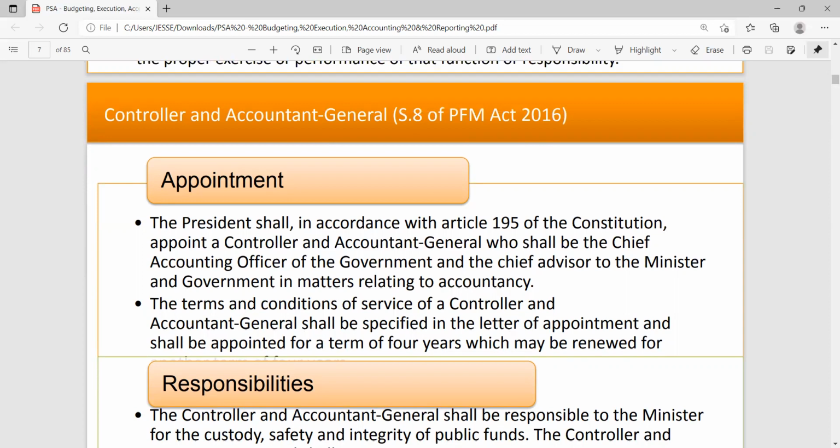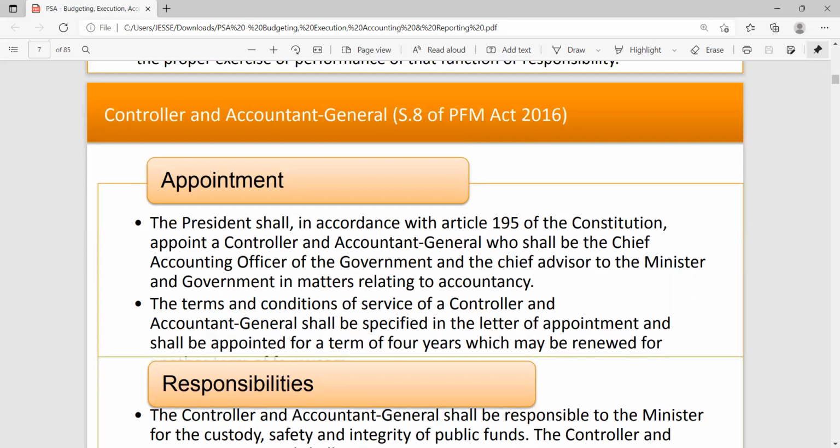The president shall, in accordance with Article 195 of the Constitution, appoint a controller and accountant general, who shall be what we call the chief accounting officer, CAO, of the government, and chief advisor to the minister and government in matters relating to accountancy. So the controller and accountant general is basically the accountant of the government.